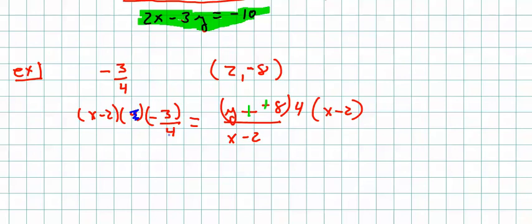My 4's cancel, my x minus 2's cancel, and I have x minus 2 times 3 equal negative 3. X minus 2, I'm going to put the negative 3 out front, equals, might as well put the 4 out front, y plus 8.